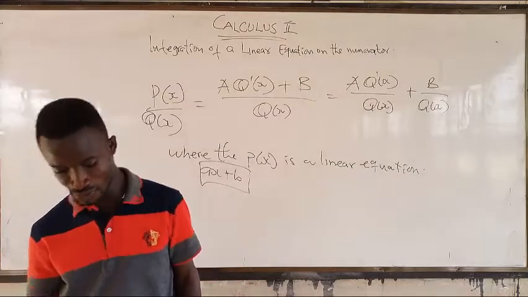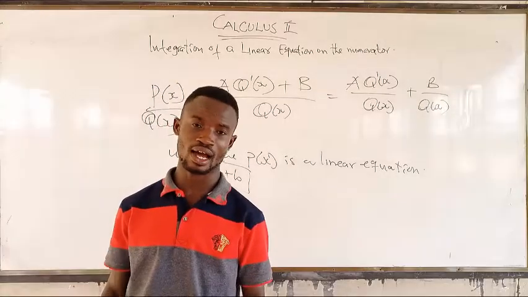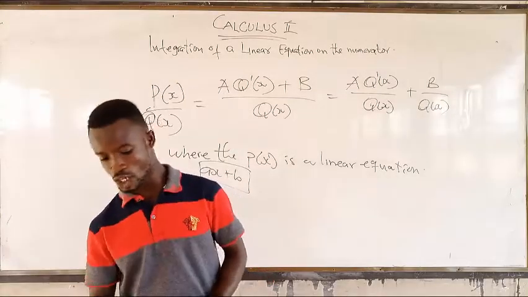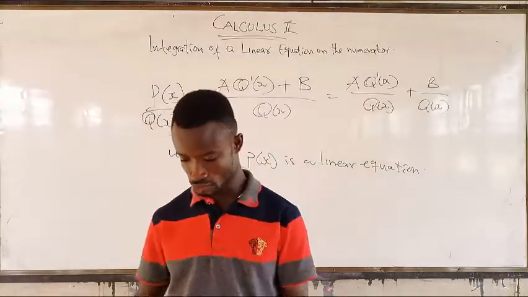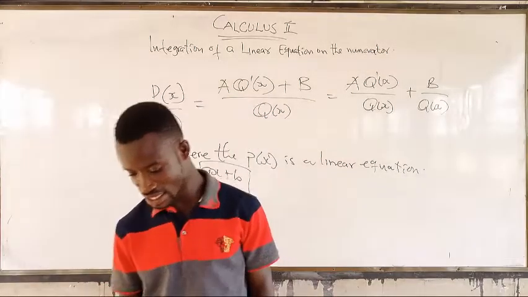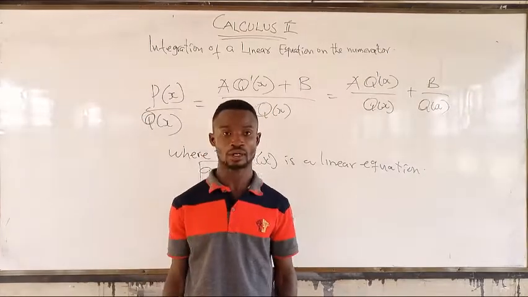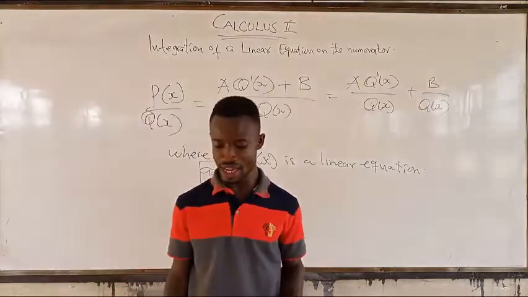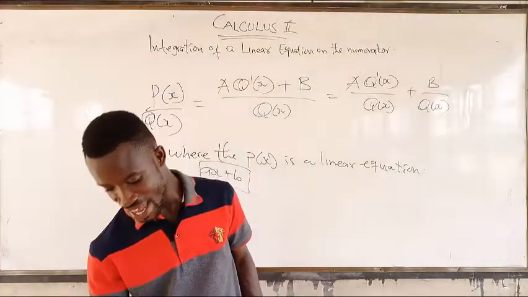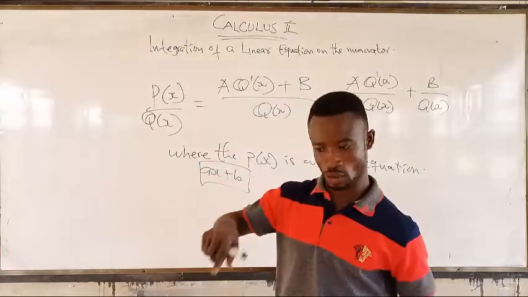To solve an example for you to get what really we are projecting to you. So note here that the denominator is irreducible, but the numerator appears as a certain multiple of the derivative of the denominator.